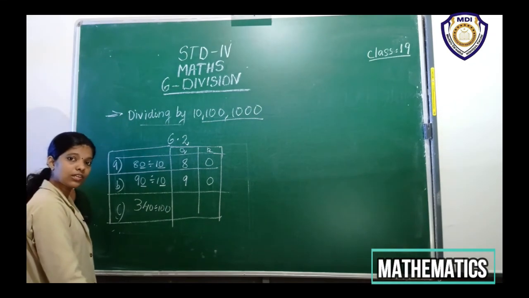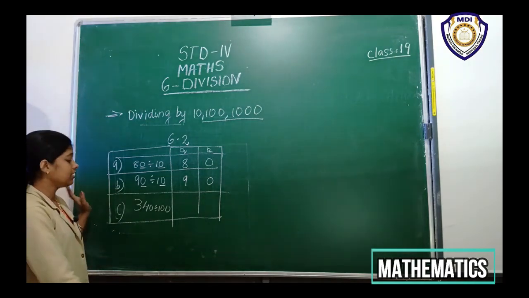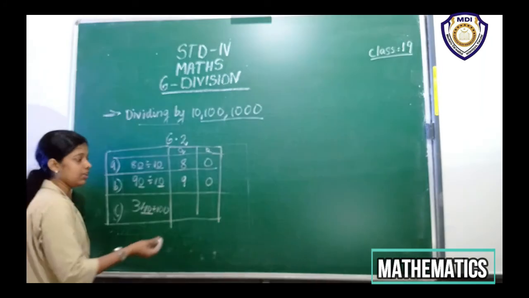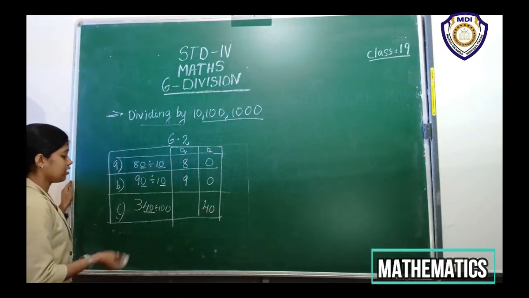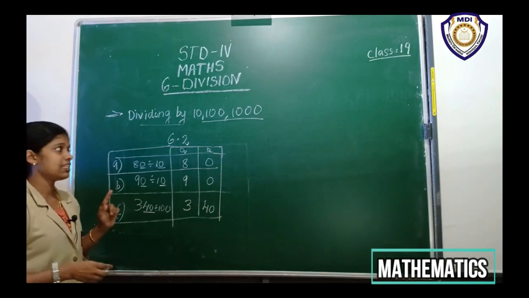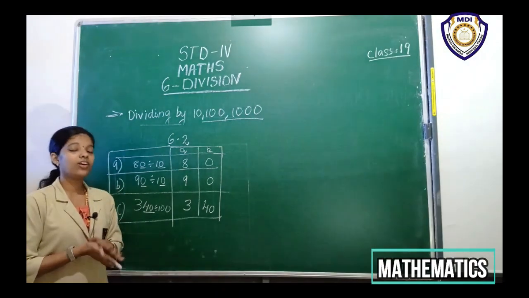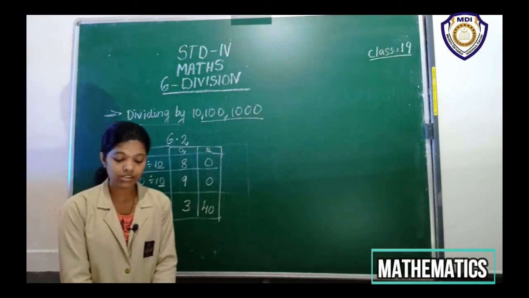In 100, how many zeros? Only 2 zeros. Taking the last two digit number as the remainder, the remaining number, 3, is the quotient. How many persons get the answer? Please raise your hands. Okay, good. The remaining questions are your homework.